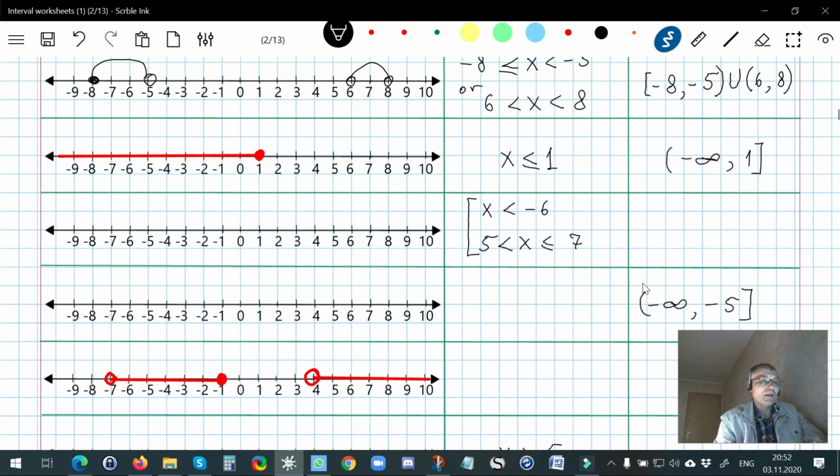Here we have either X is less than -6, and it is not included. It means this interval.